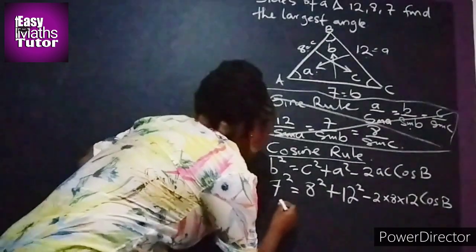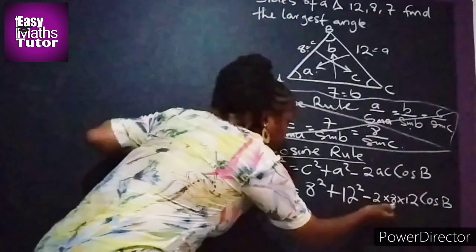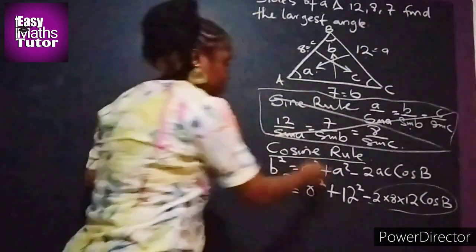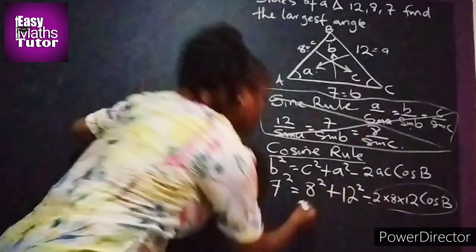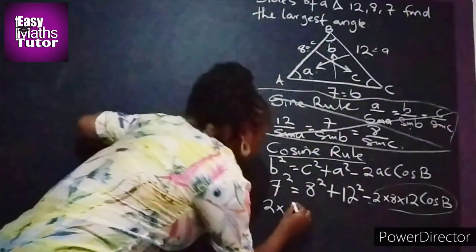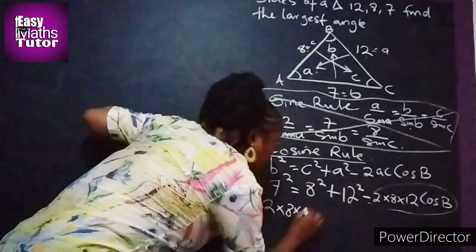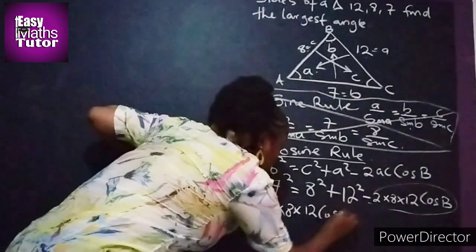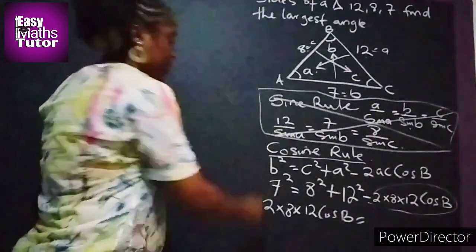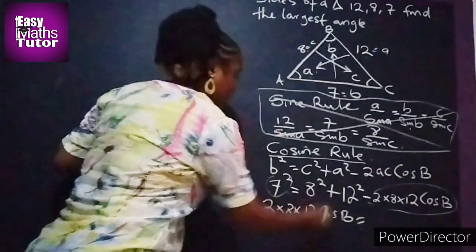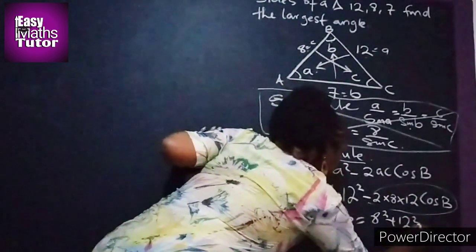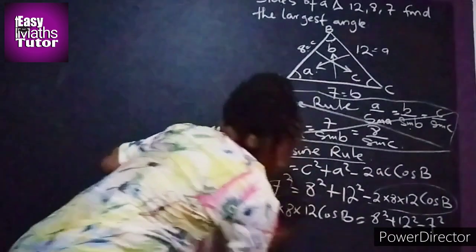Moving terms across, 2 times 8 times 12 cos B equals 8 squared plus 12 squared minus 7 squared.